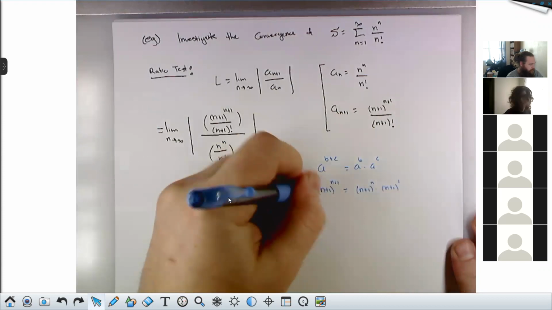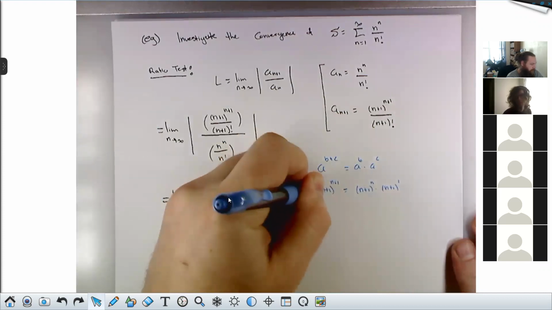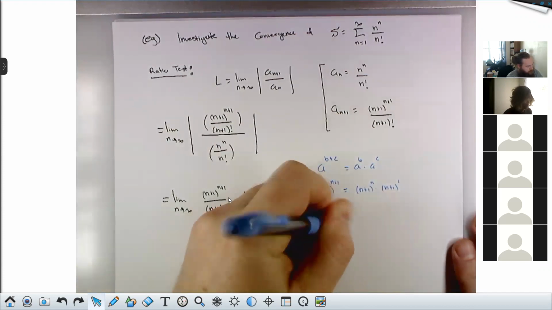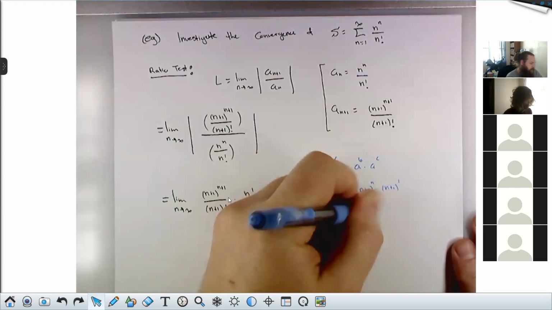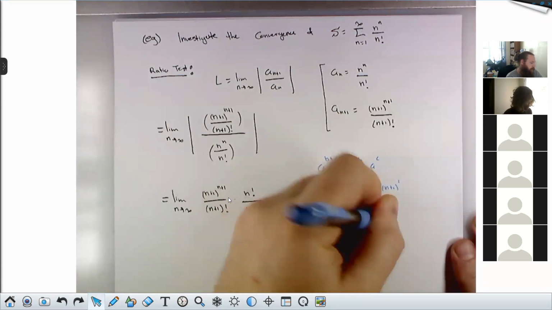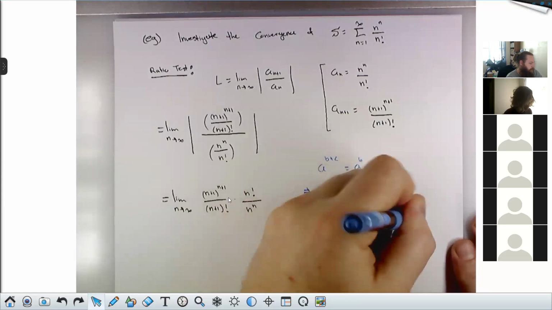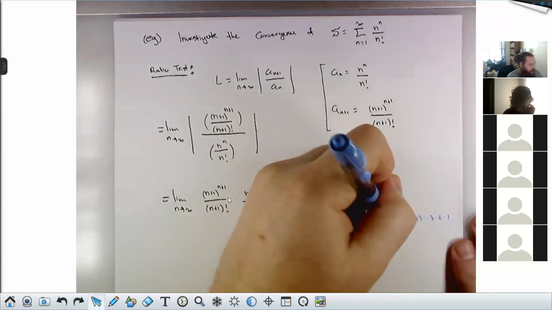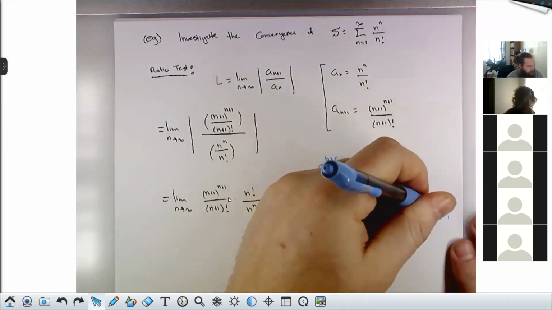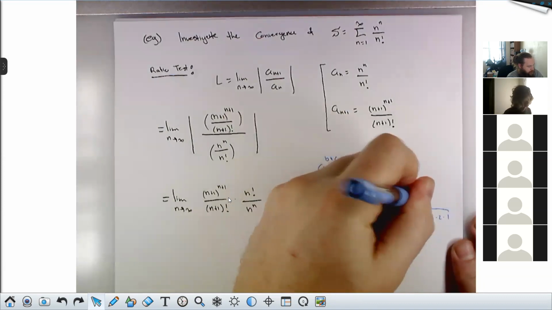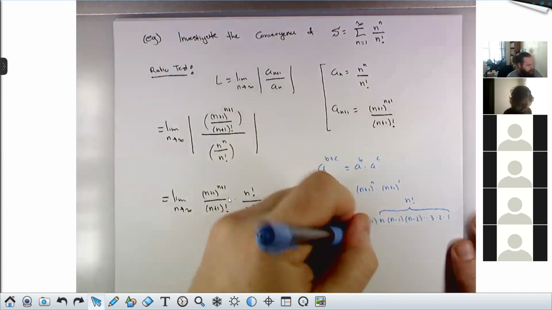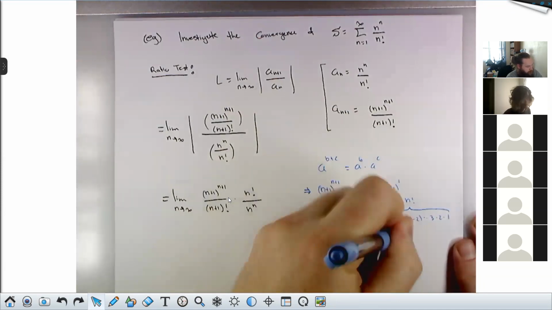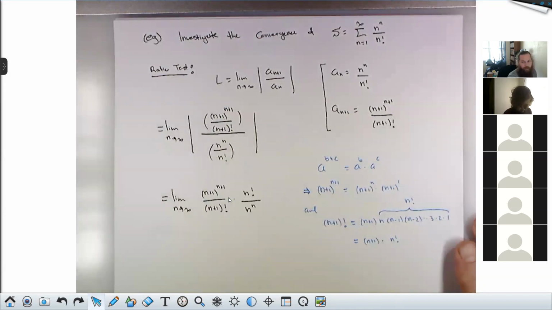And (n+1) factorial, we looked at this on Tuesday. This is (n+1) times n times (n-1), all the way down to 3 times 2 times 1, and the part after the first factor is n factorial. So (n+1) factorial is (n+1) times the factorial of n.